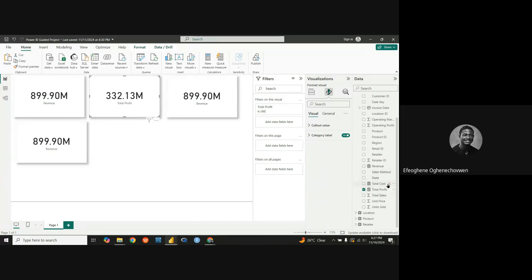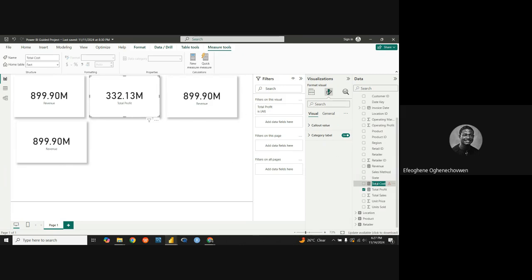There's already a symbol here. Let's continue from where we stopped.